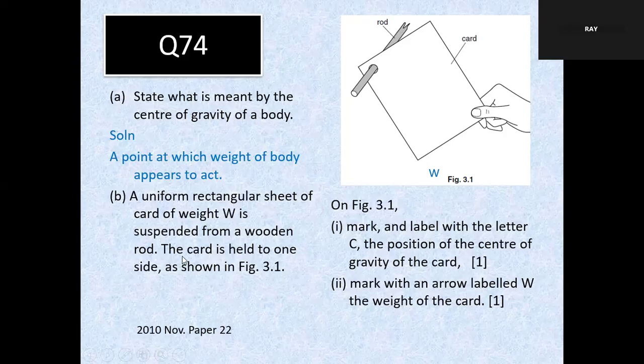The card is held to one side as shown in figure 3.1. On figure 3.1, mark and label with the letter C the position of the center of gravity. Just draw a line where the diagonals cross, that's the center of gravity. And mark the weight.